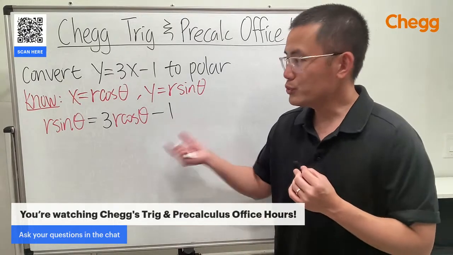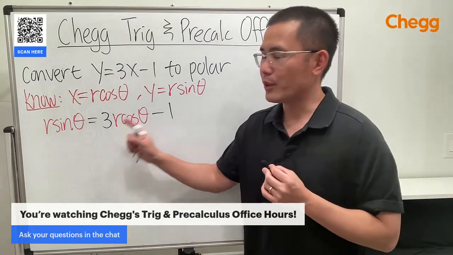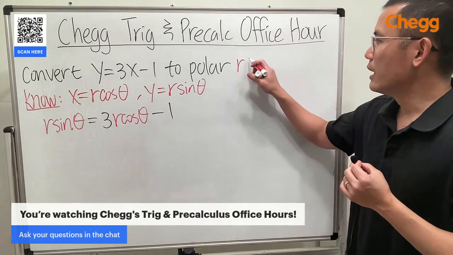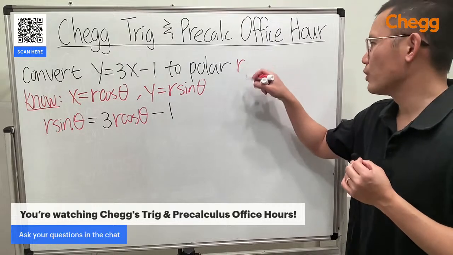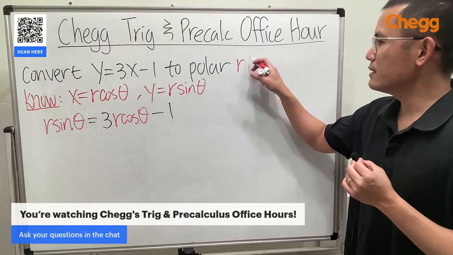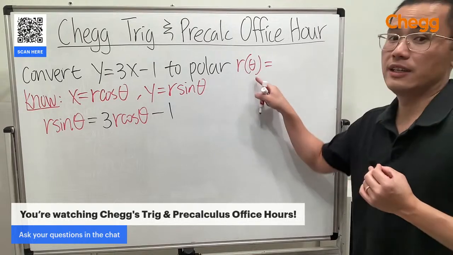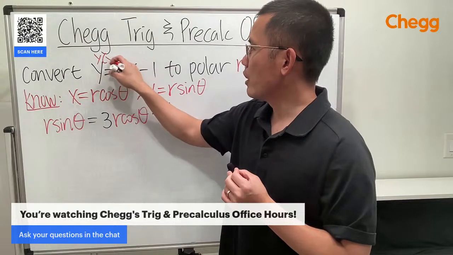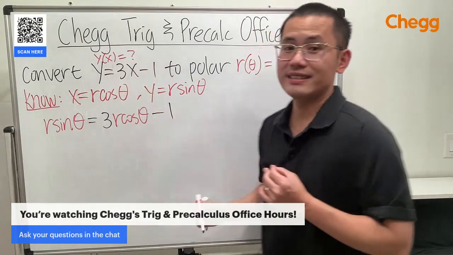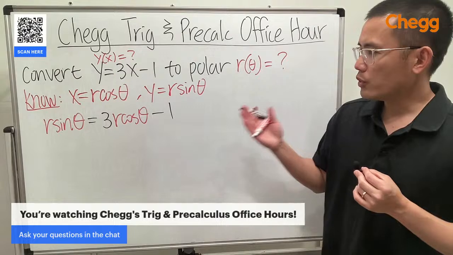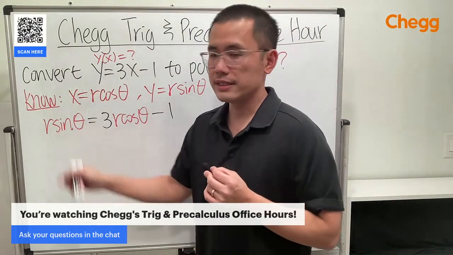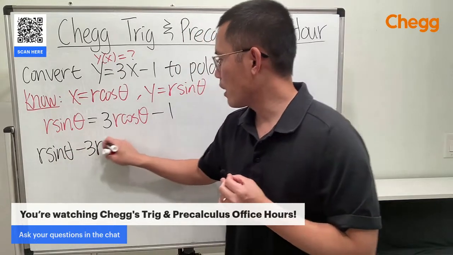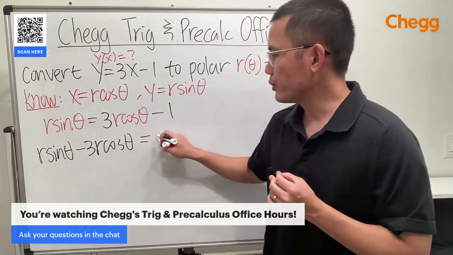Of course, usually what we want to do is isolate the r, because in the polar situation, we want to have r as a function of theta, as opposed to y as a function of x. So let's move this to the other side. We have r sine theta minus 3r cosine theta, and that's equal to negative 1.